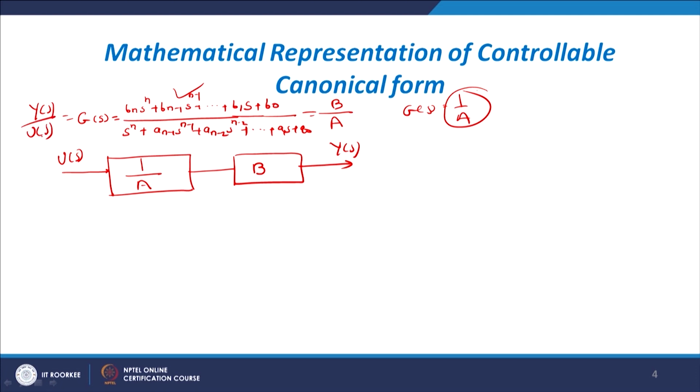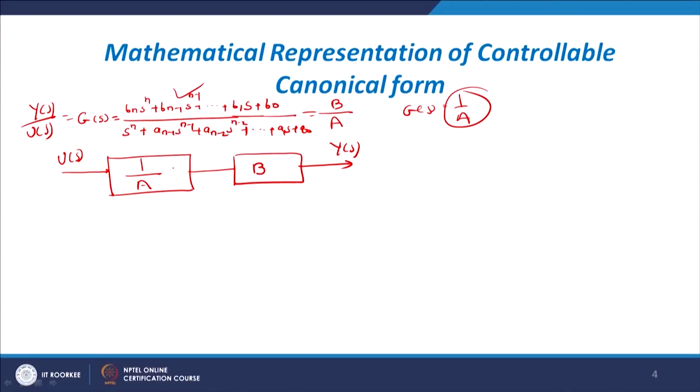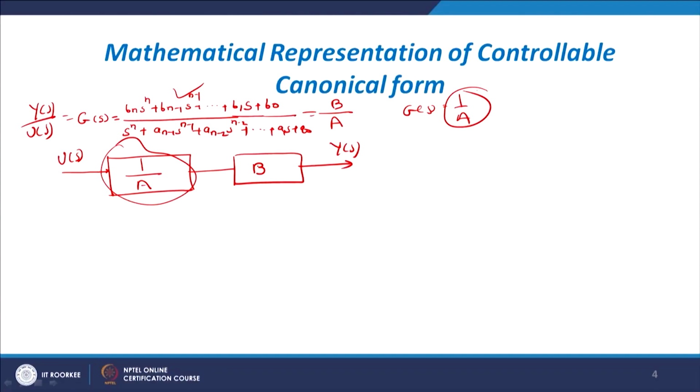So what we have written here is 1 by A into B, and the result is Y(s) by U(s) equals B by A. This part we will carry out by the conventional approach that you saw last time, and here this extra part is added. So we have to assume some variable here. Therefore, what will we do?